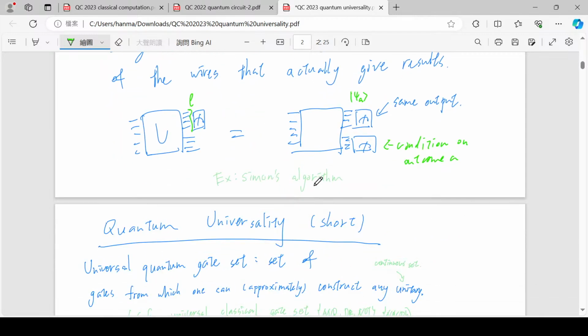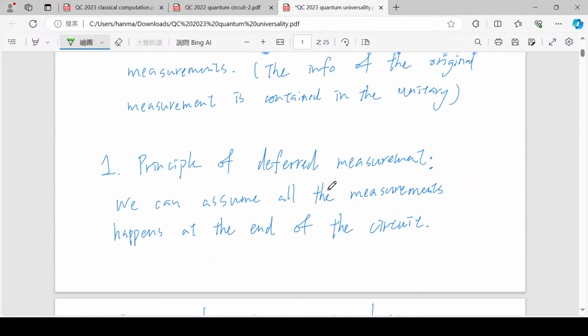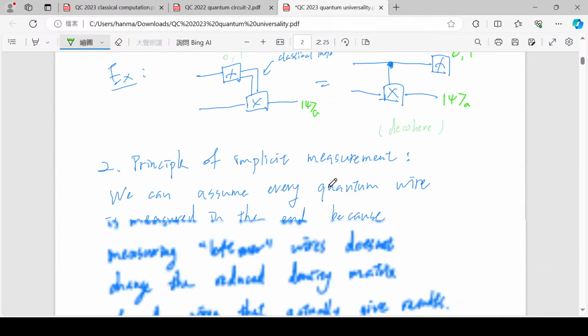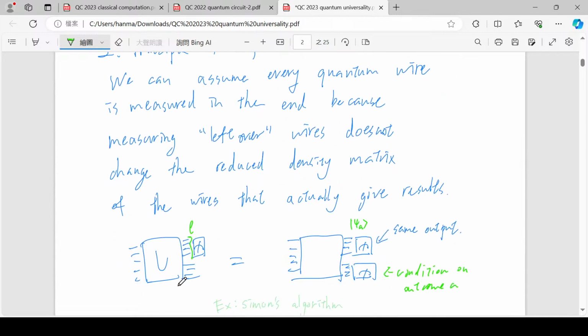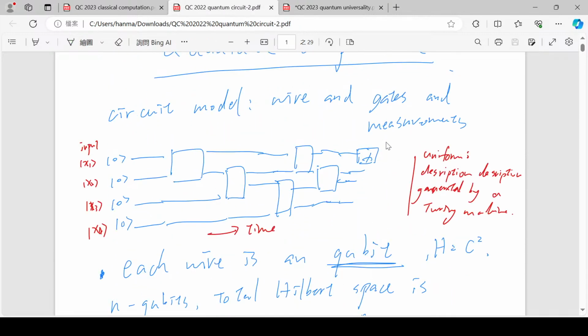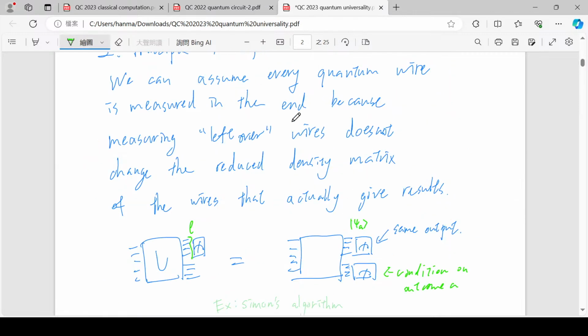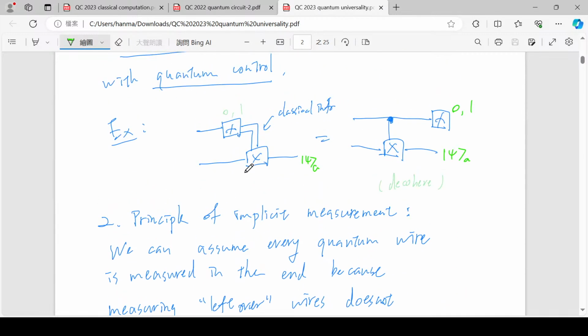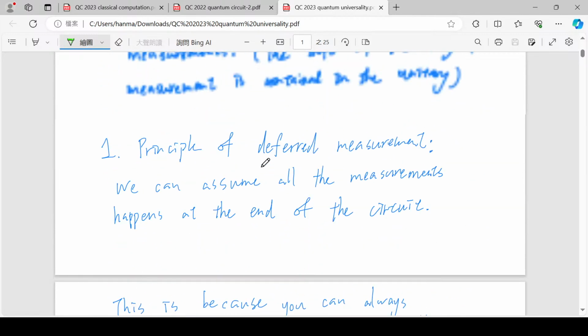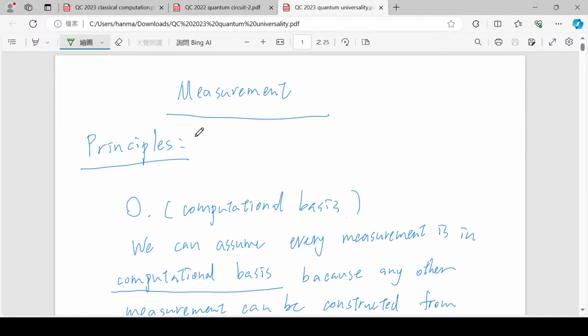And so that's about what we can assume of quantum measurement. Okay, so in terms of a circuit model, this means that we can assume all the measurements are done at the end of a circuit, and we can assume every wire gets measured, and you get some classical outcome from there. Okay, so that's about what we can assume on the measurement of a quantum circuit.